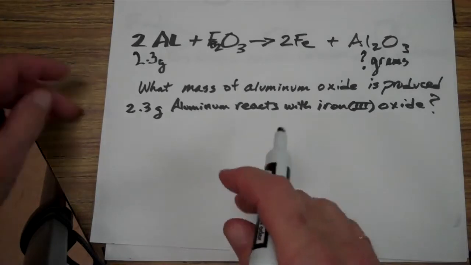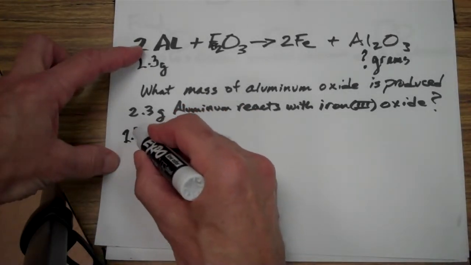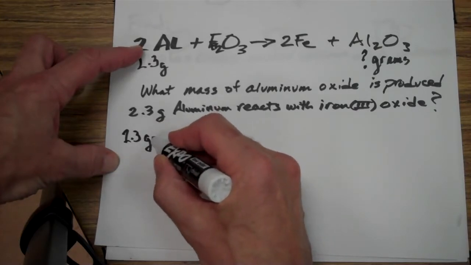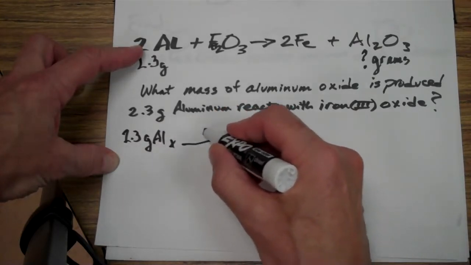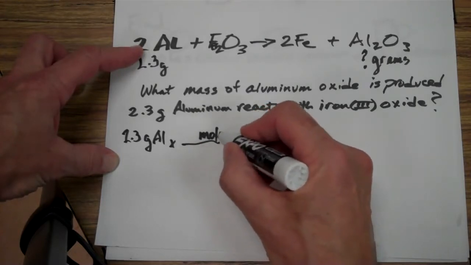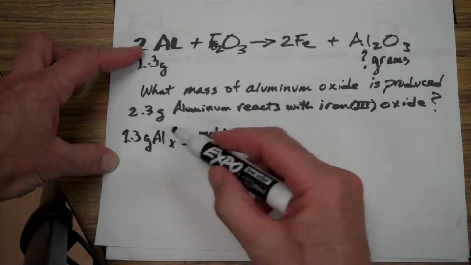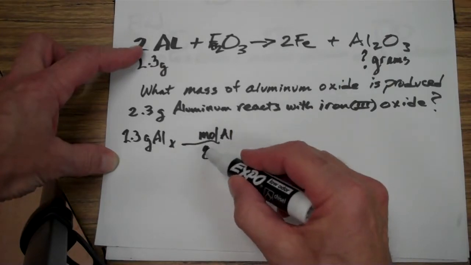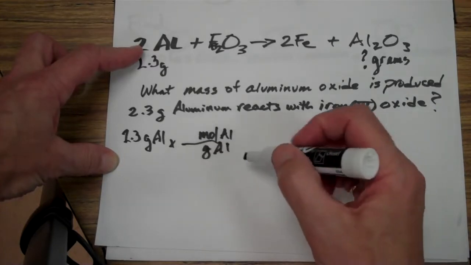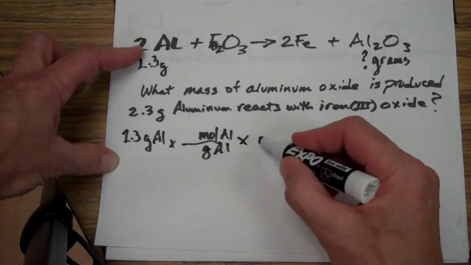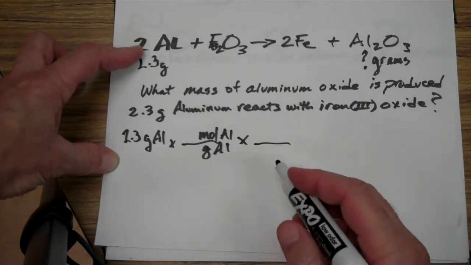So we're going to take 2.3 grams of aluminum and we're going to find moles of known. So I multiply times moles of known on top, that's aluminum, and what goes on bottom is the unit I want to cancel. Notice I'm putting in units, not numbers, because I want to make sure I get the numbers in the right place. Next, I'm going to multiply times moles of unknown.